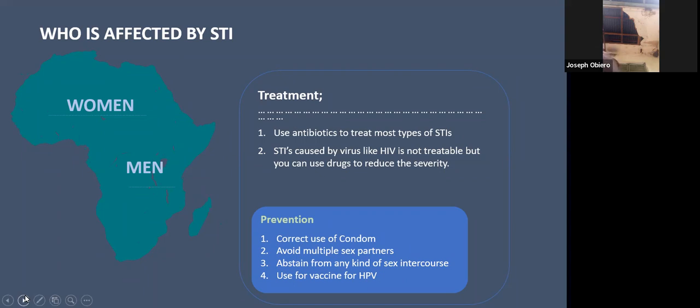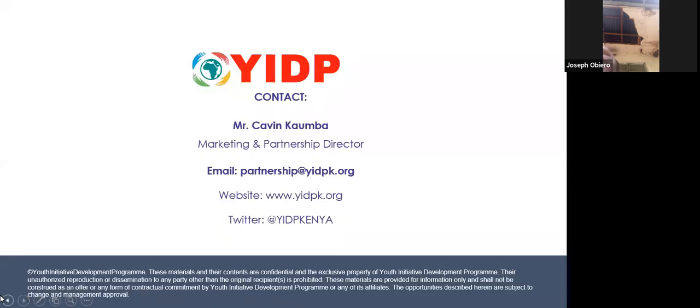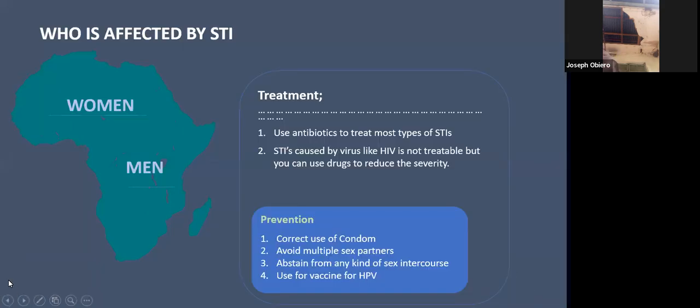Behavioral change: we need to change our behavior, with behavioral change interventions with explicit messages about the risk of STIs. The HPV vaccine, as I said earlier, bivalent, quadrivalent, or 9-valent, is the type of HPV vaccine which we are using.